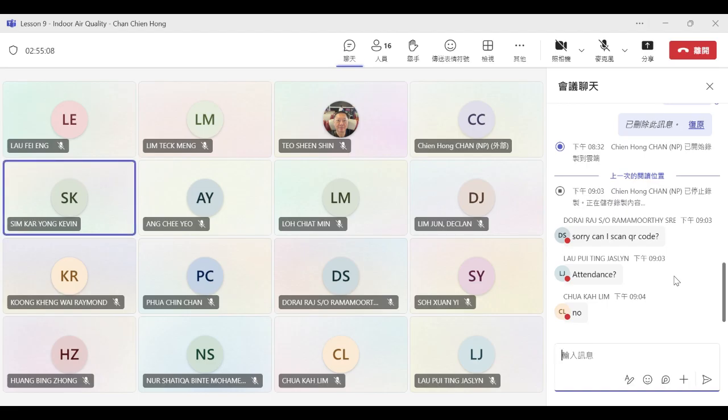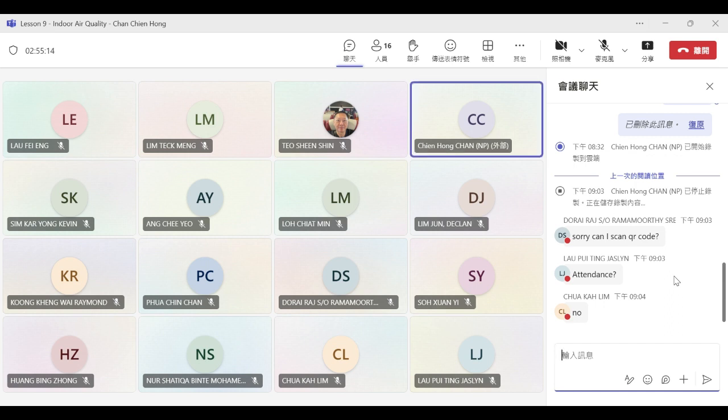Mr. Chan can show the QR code. Yes, give me a minute. I need to go through some steps to bring out the QR code.